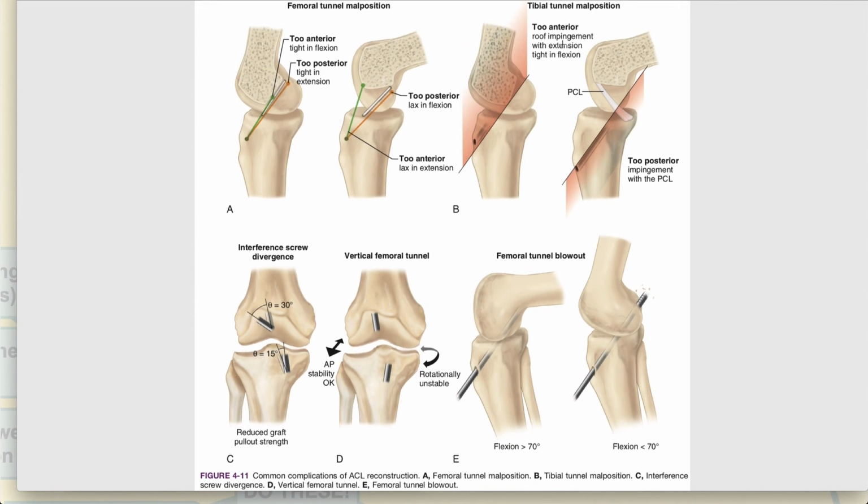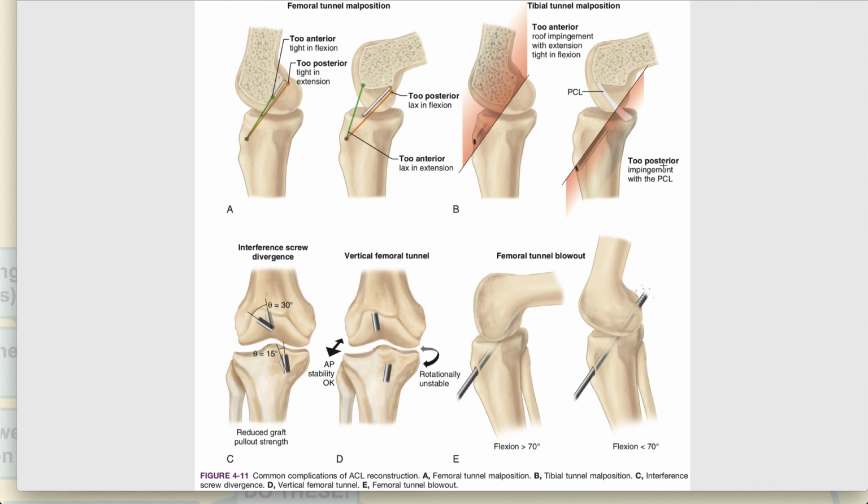Now, for the tibial tunnel position, if the tunnel is placed too anteriorly, like this one, there will be impingement during extension, and it will be tight in flexion. Remember, anterior, flexion. Okay, so if the tibial tunnel is placed too posteriorly, it will impinge with the PCL.